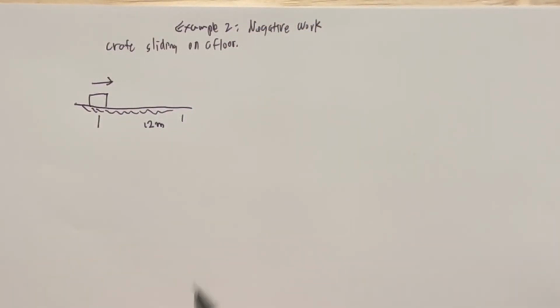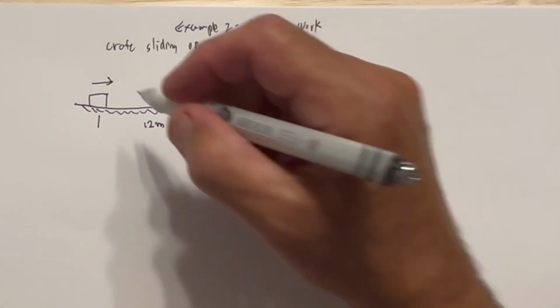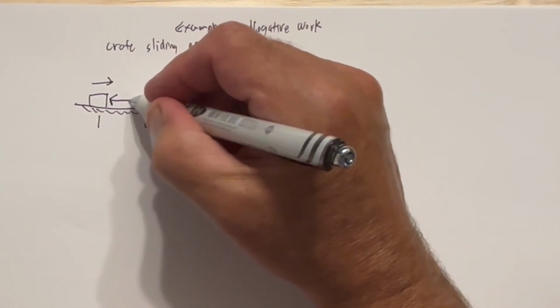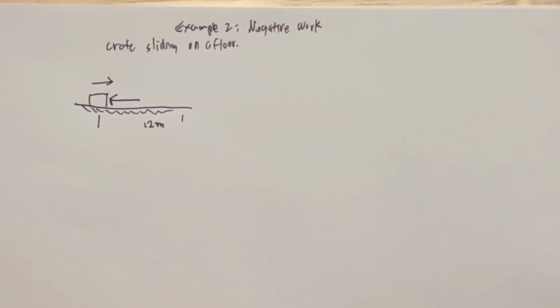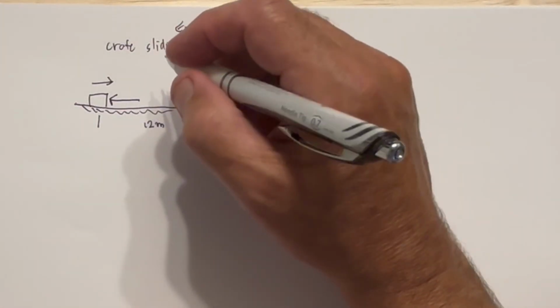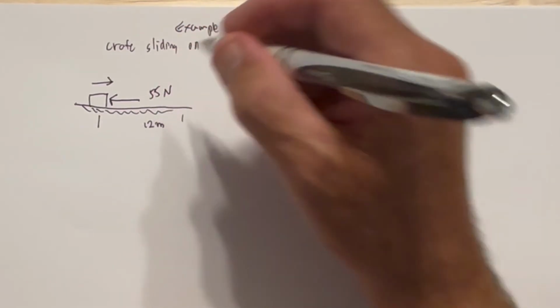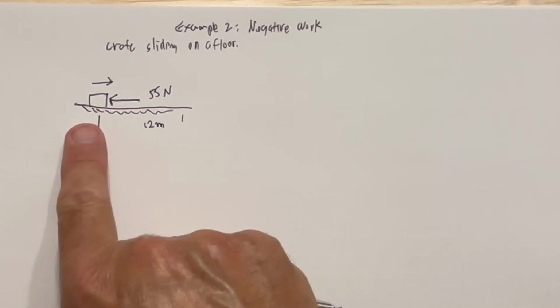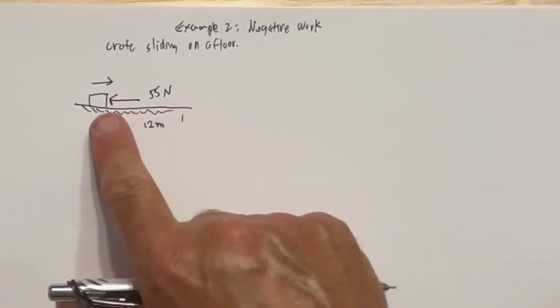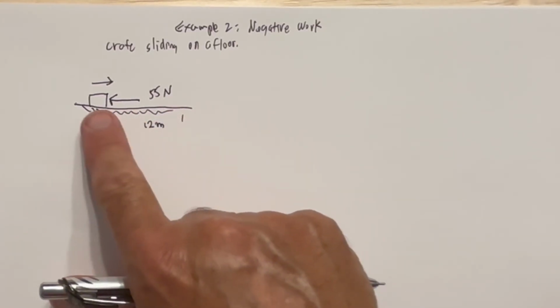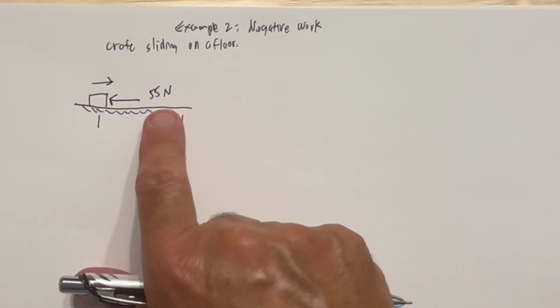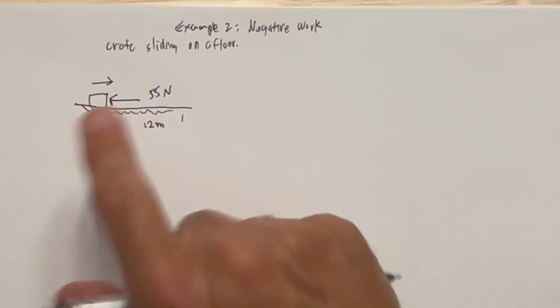Now, opposing the direction of travel, which is going this way, we're going to have a frictional force pushing in the opposite direction. That frictional force is going to be 55 newtons. So here's our situation. Somebody shoved a box, it's sliding this way, but friction due to the surface and the box interaction is 55 newtons pushing back that way.